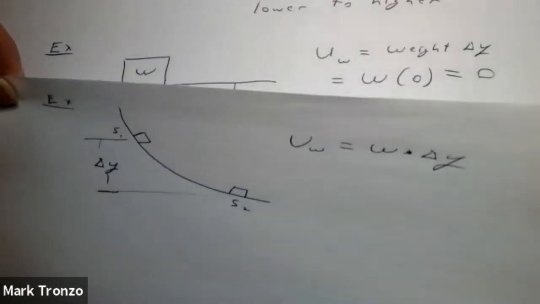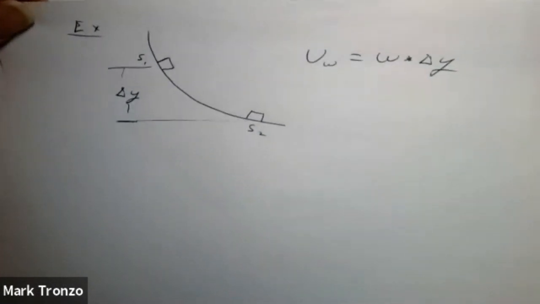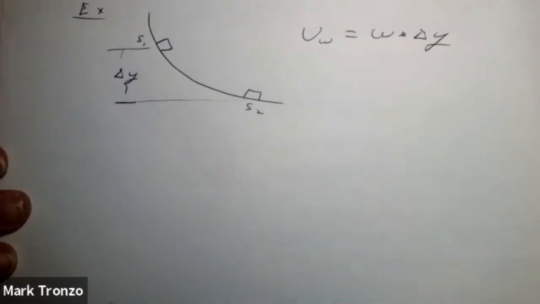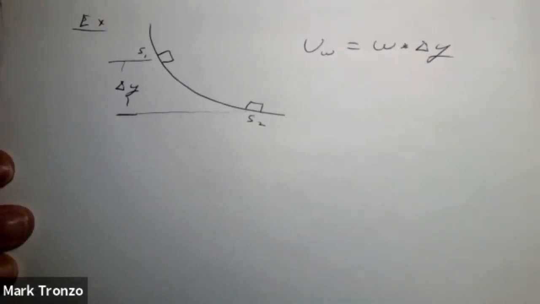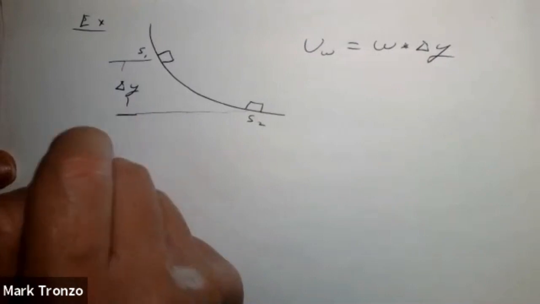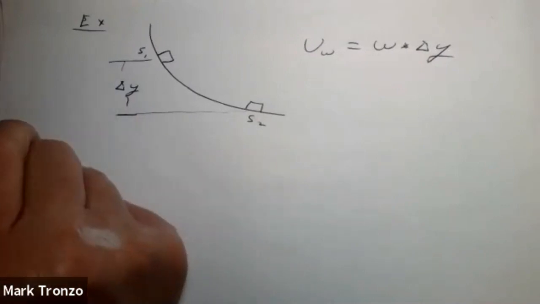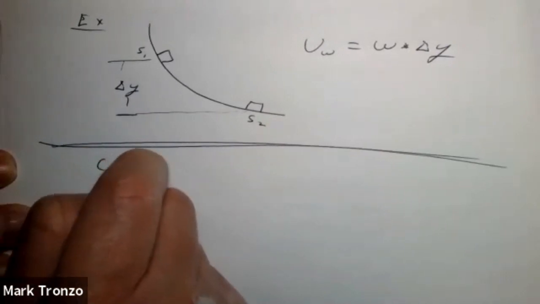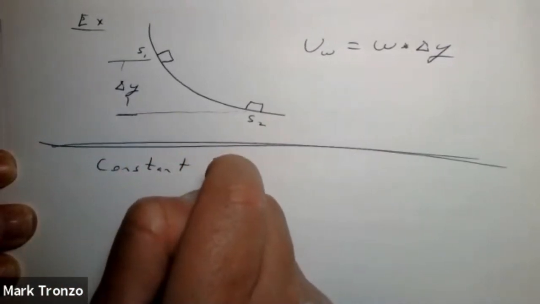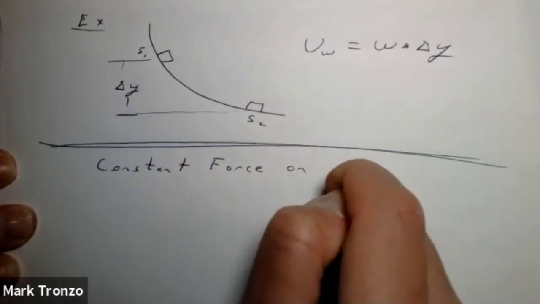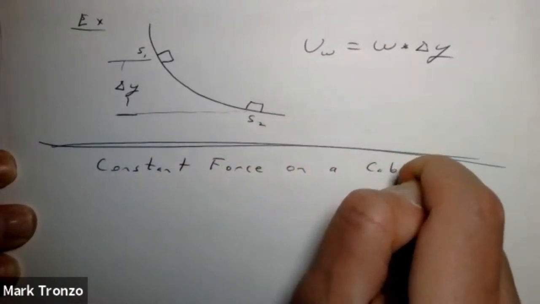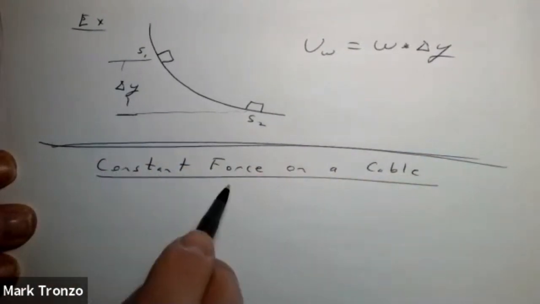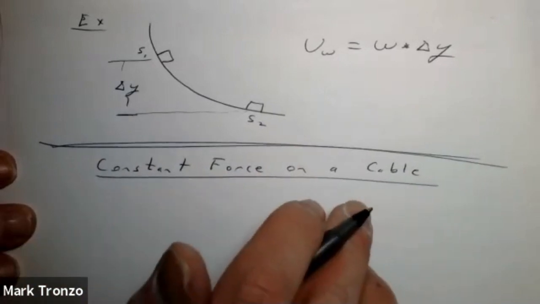And one other thing that's really helpful about this stuff: there's a lot of things we're going to be able to simplify. Some things will be really difficult to do, but when we do this section, we have a lot of little tricks we can use. One thing is, let's say you have a constant force on a cable, where the force is constant.